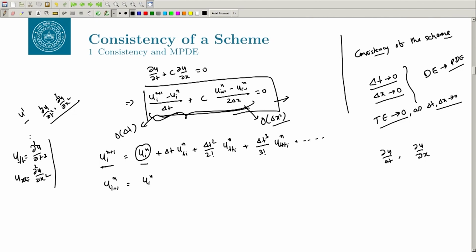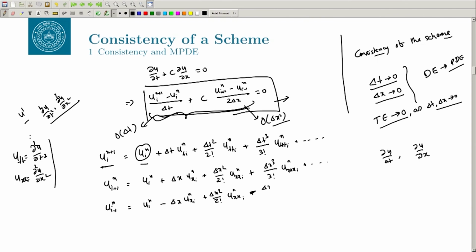So, everything I want to expand around u_i^n, okay, plus delta x u_x at i, n, plus delta x square by factorial 2 u_xx at i, n, plus delta x cube by factorial 3 u_xxx at i, n and so on and so forth, and then u_(i-1)^n will be u_i^n minus delta x u_x at i, n plus delta x square by factorial 2 u_xx at i, n and minus delta x cube by factorial 3 u_xxx at i, n and so on and so forth, right.